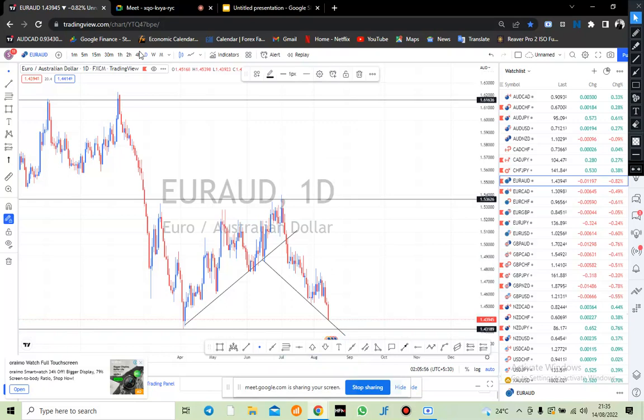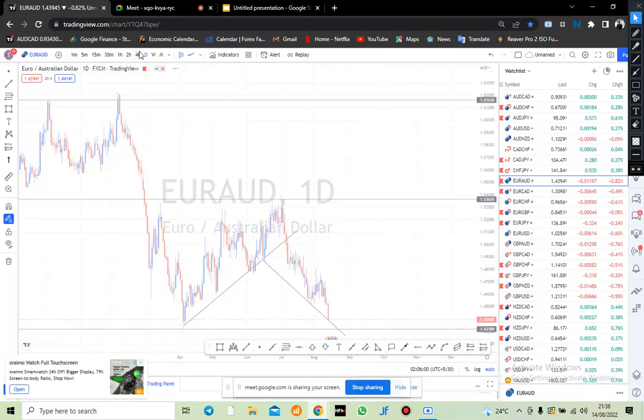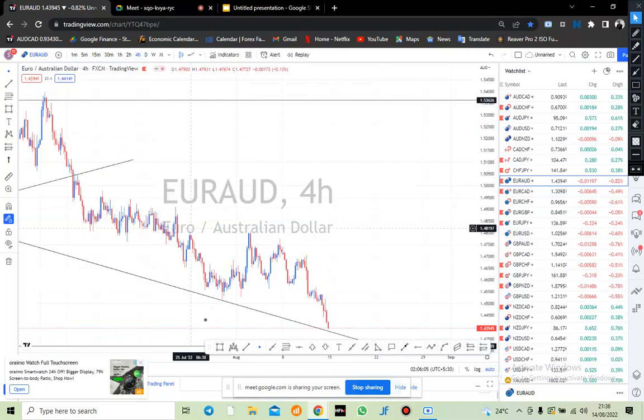Then let me switch to 4-hour time frame. Here we have the previous swing low before the major swing low. So that means I'm going to draw a zone.